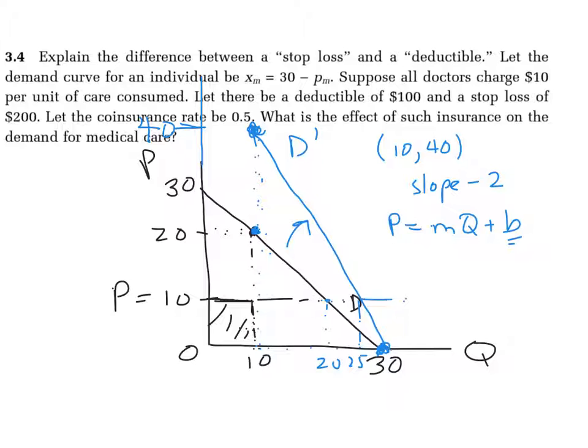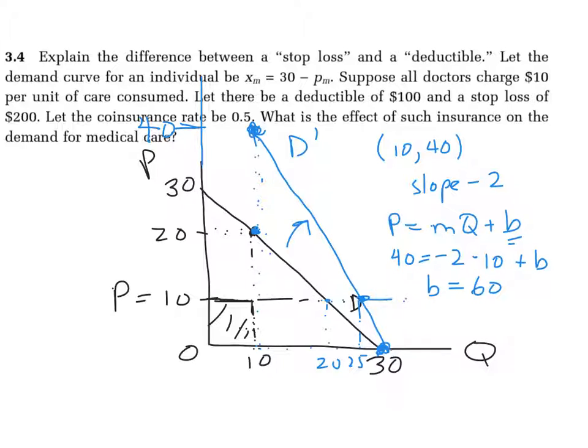So P was 40 equals, M is the slope, -2 times 10 plus B. So B is equal to 60, right? -2 times 10 is -20. Add 20 to both sides, I get B is equal to 60.